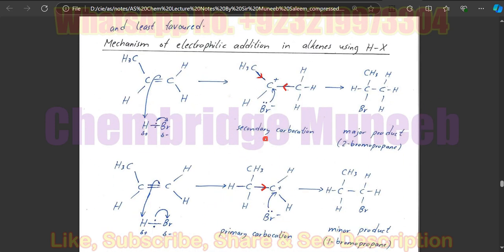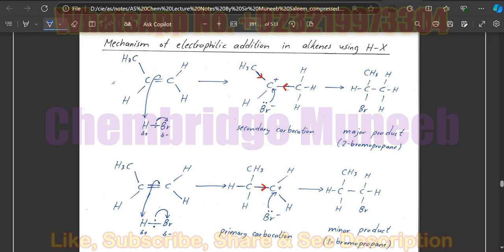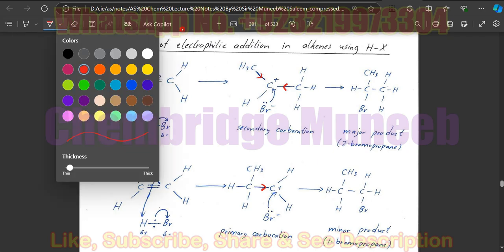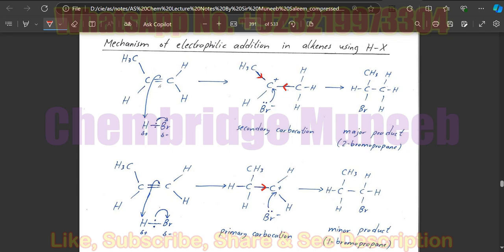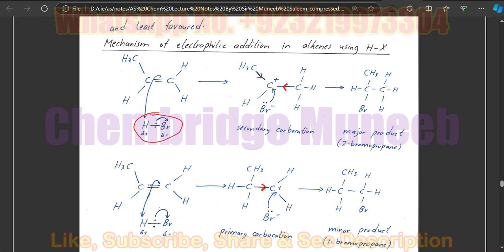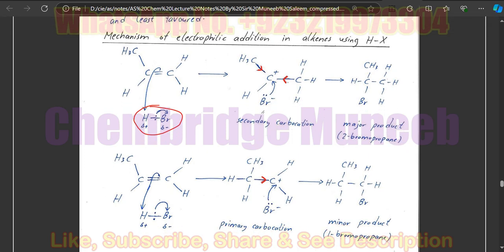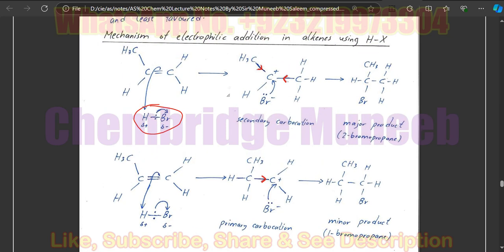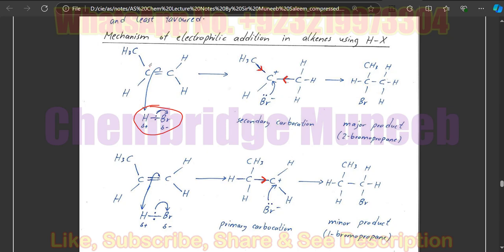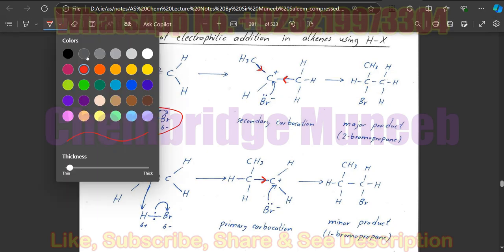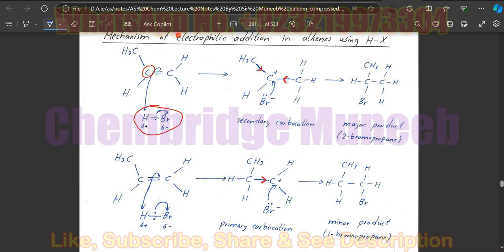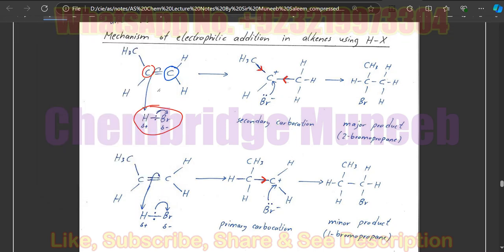Here we saw that when a molecule of HBr is added across the carbon-carbon double bond, then in one case the bromine will be added on the left carbon, and in the other case the bromine will be added on the right carbon, and it depends upon the stability of the carbocation.